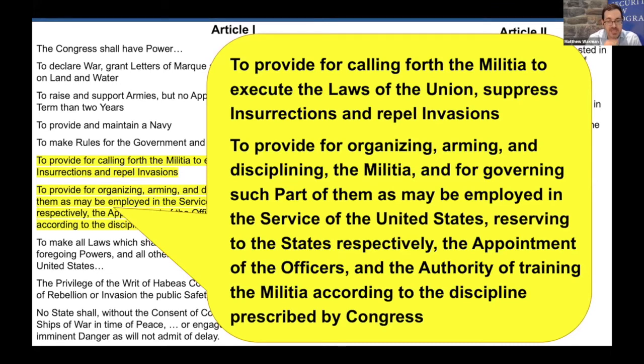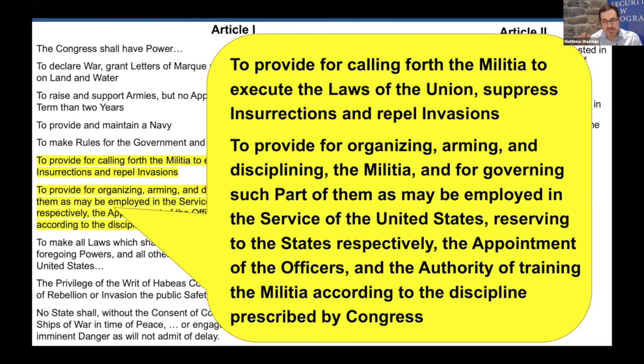They essentially say by the following act of Congress, in the event that the following types of emergencies occur, the president shall have the power to call up the militias as he sees fit. So that's quite a broad delegation of power.